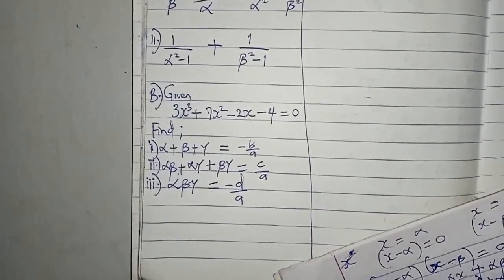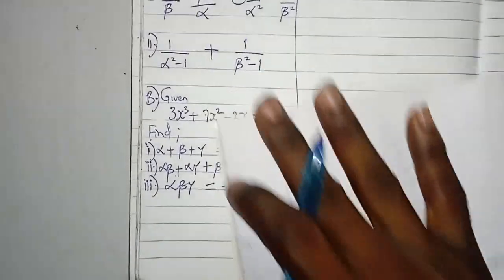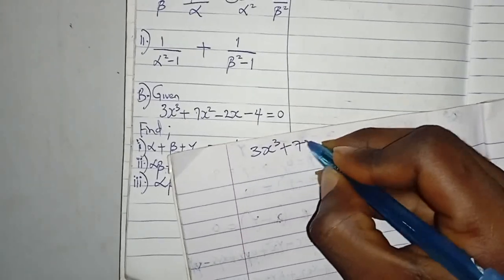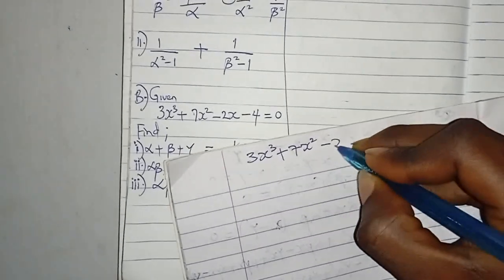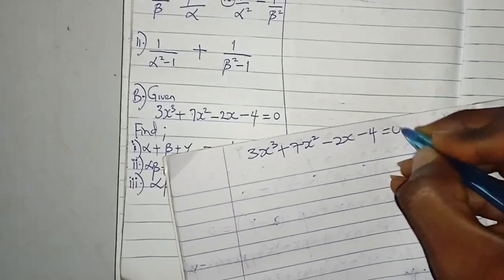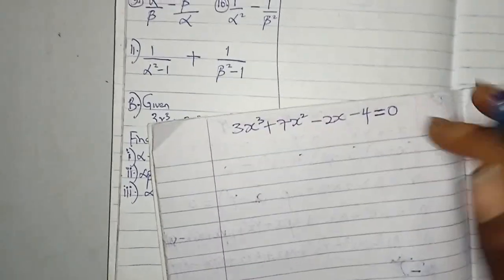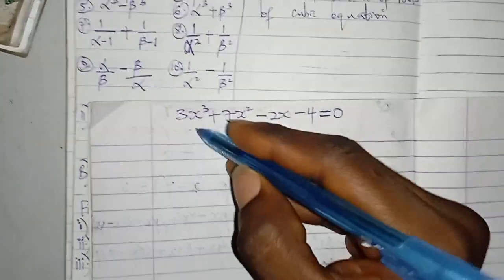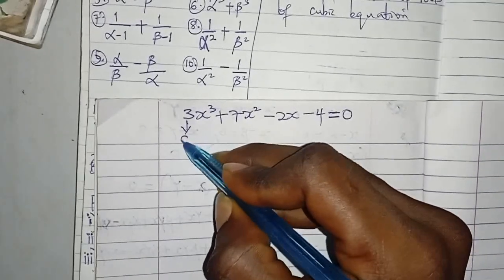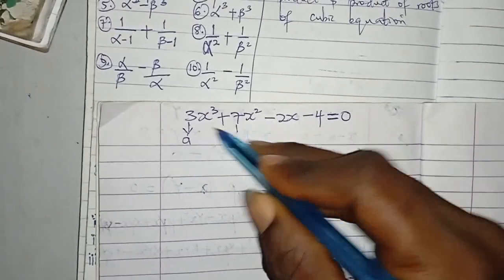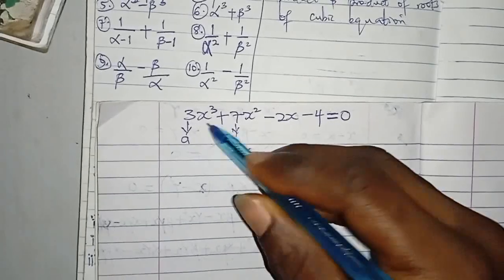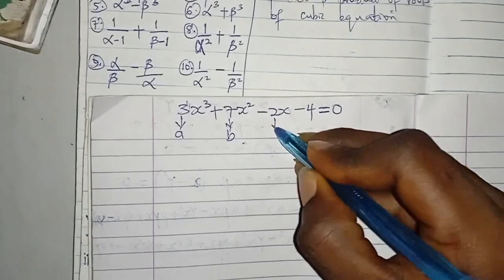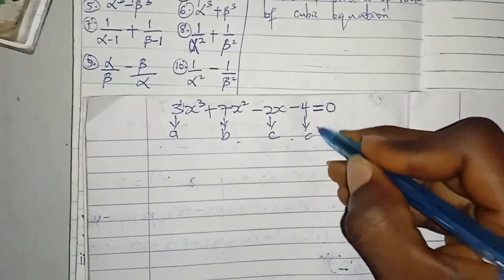So now that we know this, how do we get that? Let's bring out the equation we are given: 3x cubed plus 7x squared minus 2x minus 4 equals 0. You can now see, we normally say that the coefficients represent a. The first one is a. Assuming there is nothing there, it means 1 is a there. So this one is b, this one is c, this is d.